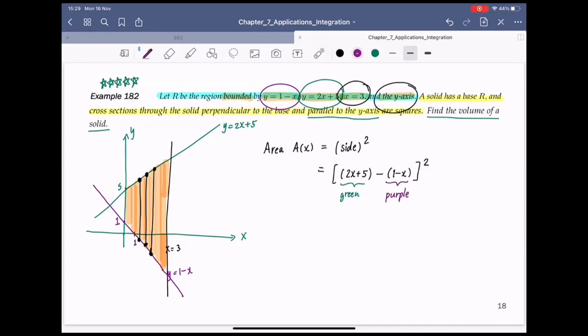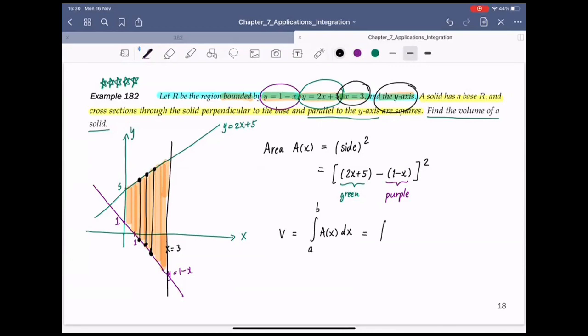If you do green minus purple, you get the length of the side depending on x. Then you square it, and you get the area of the cross section. The cross section area is your integrand, and then you integrate from a to b.